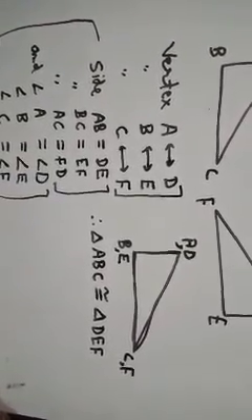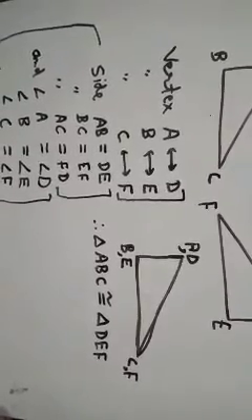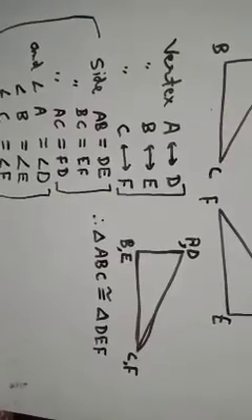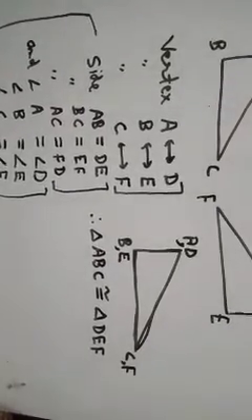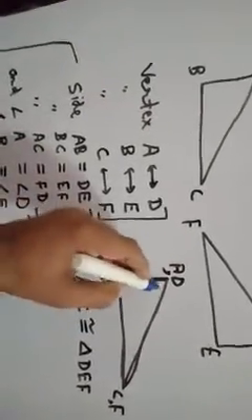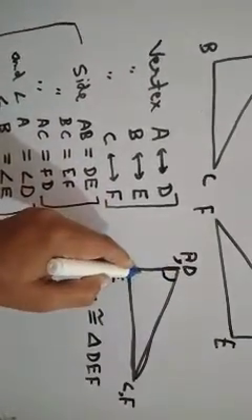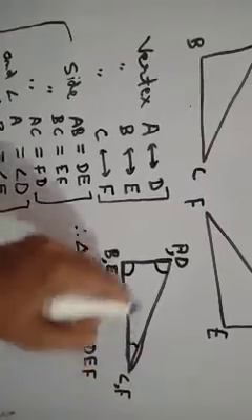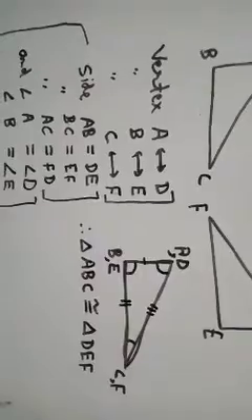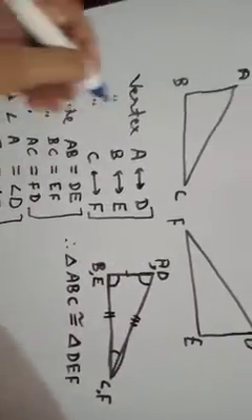And CPCTE stands for corresponding parts of congruent triangles are congruent or equal. Means these three angles and three sides are called corresponding parts.